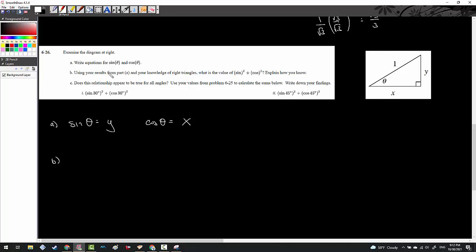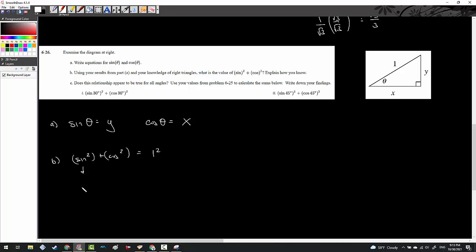But now it says, using the results from part A and your knowledge of right triangles, what is the value of sine squared theta plus cosine squared theta? So if I know sine squared plus cosine squared, well, I know that that's going to equal 1 squared. How do I know?